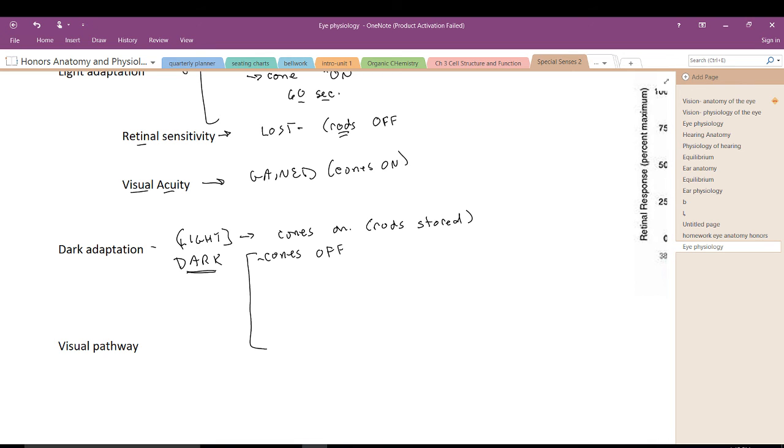So when the cones go off, the rods need to then be activated. So what we do in the retina, all of the rods now turn their rhodopsin back on. They activate the rhodopsin. Now that's going to take a while. So the rhodopsin accumulates in the rods.